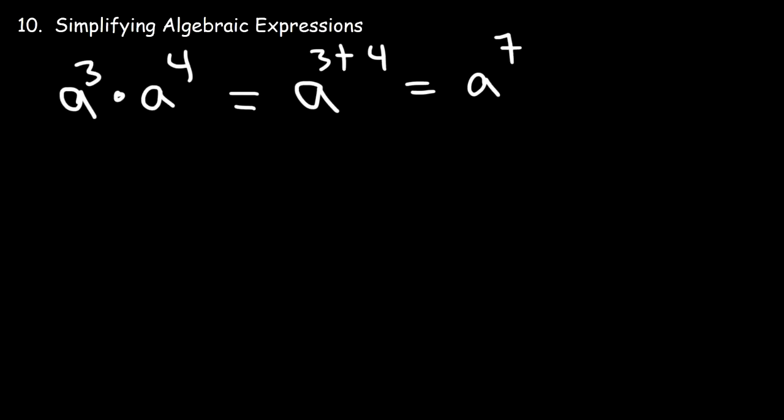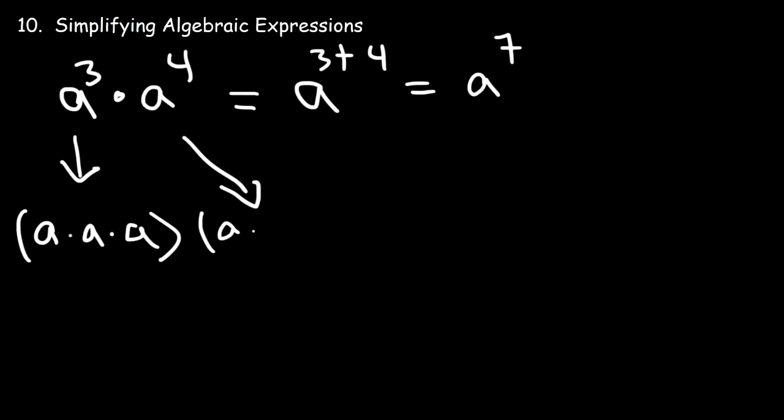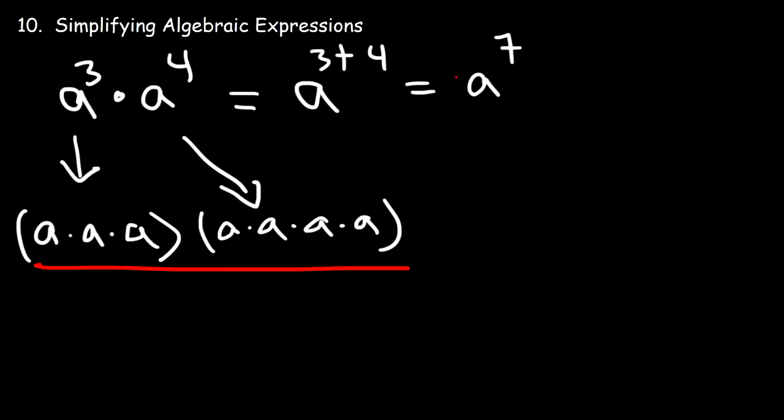Now, it's important that you understand what this means. A cubed means that you're multiplying 3 a variables together. A to the fourth means that you're multiplying 4 a variables together. So really, in total, you're multiplying 7 a variables.